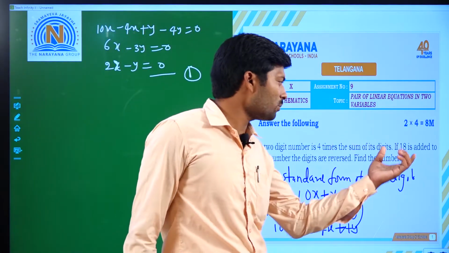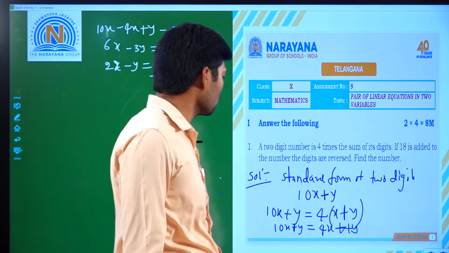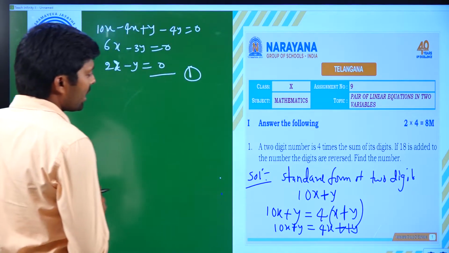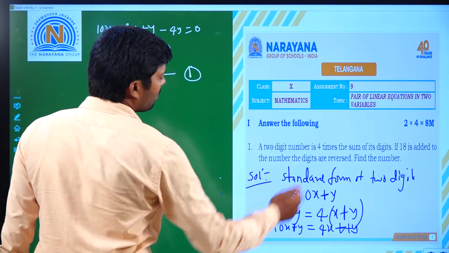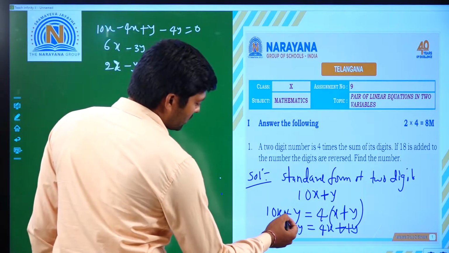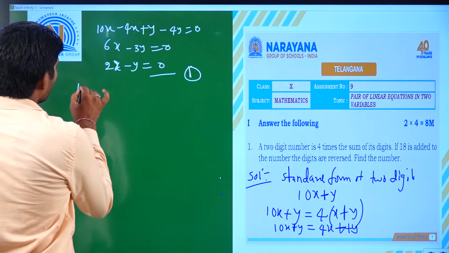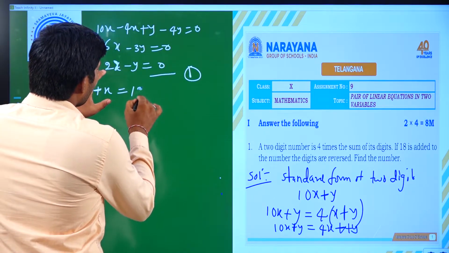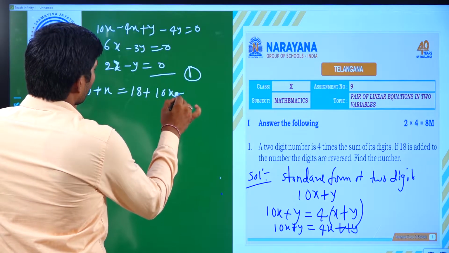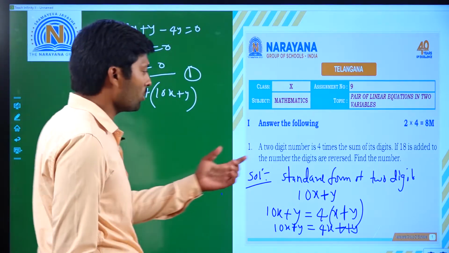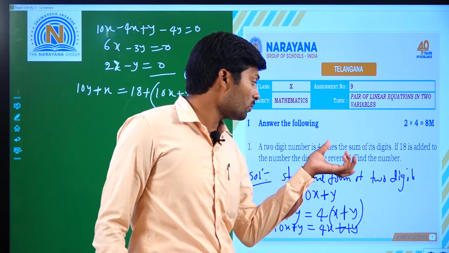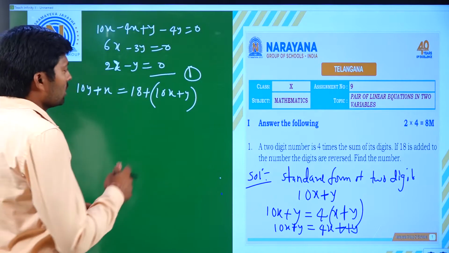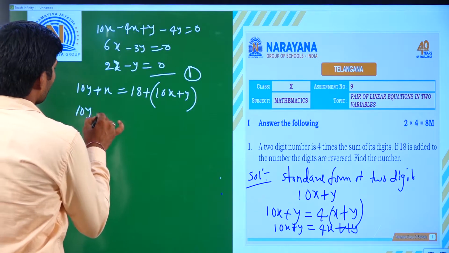From the second statement, if 18 is added to the number, the digits are reversed. What does reversing the digits mean? It will become 10y plus x. If you add 18 to the original number 10x plus y, that will become the reversing of the digits. So just simplify this.